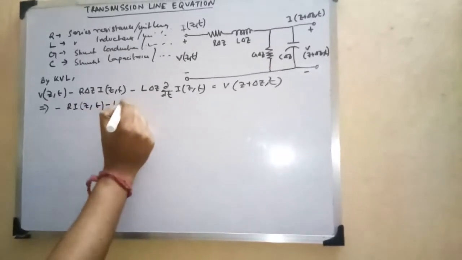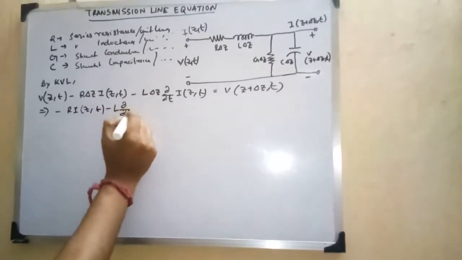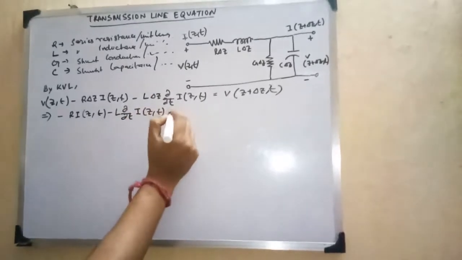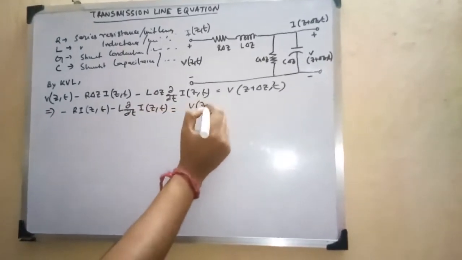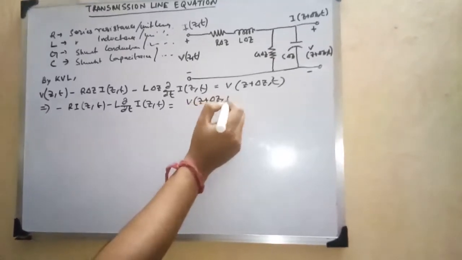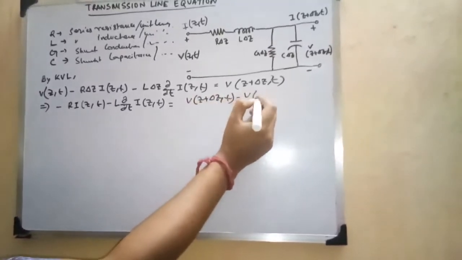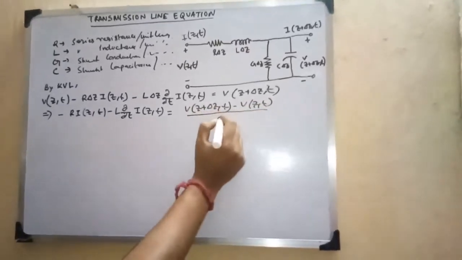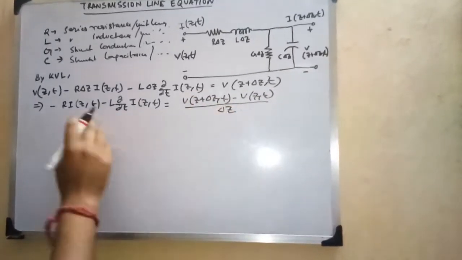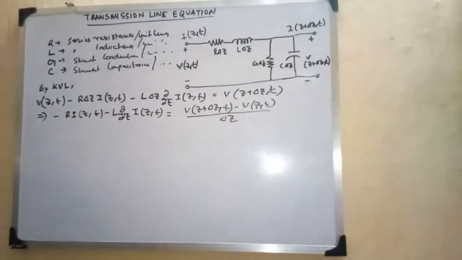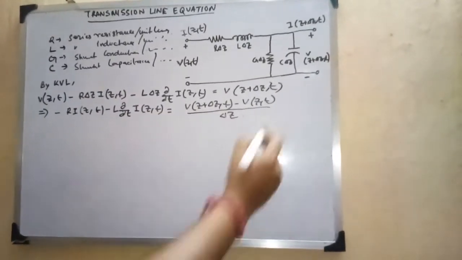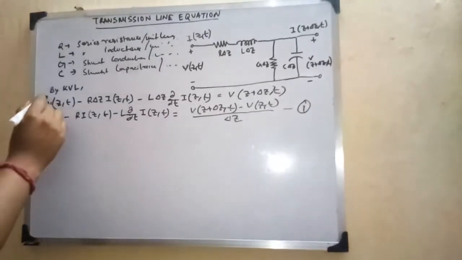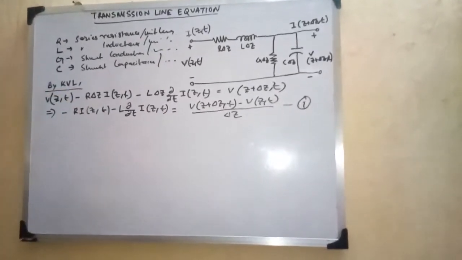We have taken del z common on this side, and so our right hand side comes like this. Let us name this expression number 1, right? So we applied KVL and obtained expression number 1.